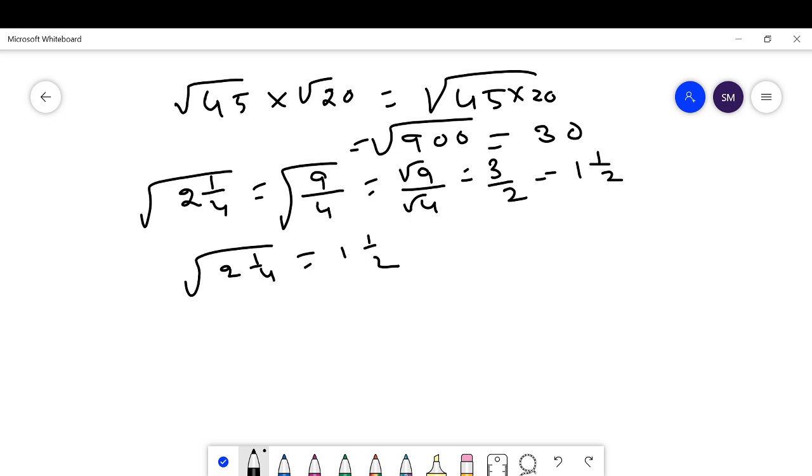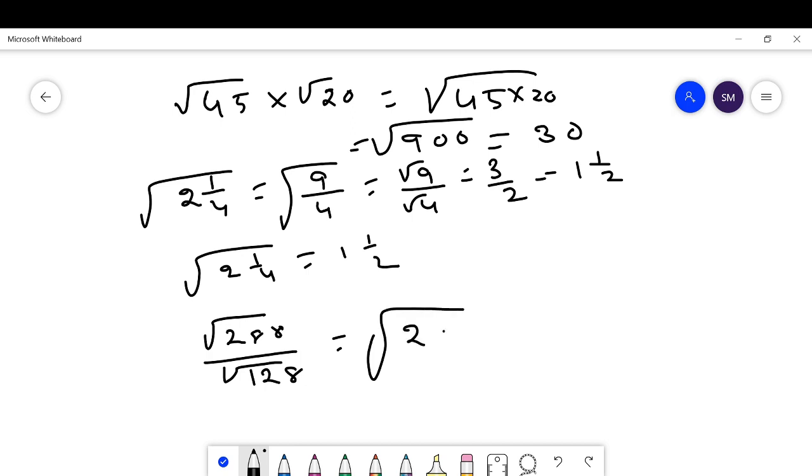Then solve more examples. Suppose you have to find out the square root of 288 upon 128. Then take the square root outside and put it like this, and convert it into lowest term. When you convert it into lowest term, it can be divided by 32.